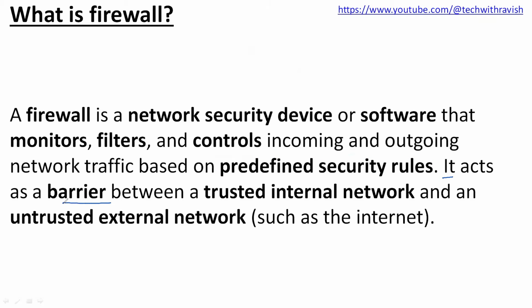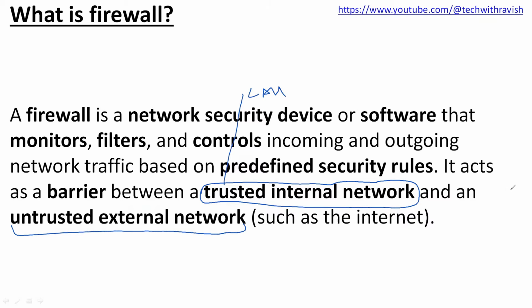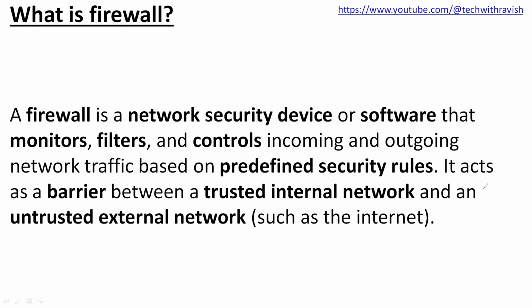It acts as a barrier between the trusted internal network and the untrusted external network, such as the internet. A trusted internal network means our local area network, and the other is the wide area network. As we already know, most cyber attacks, vulnerabilities, and DDoS attacks come from the outside network to our local area network, and that is what a firewall prevents.